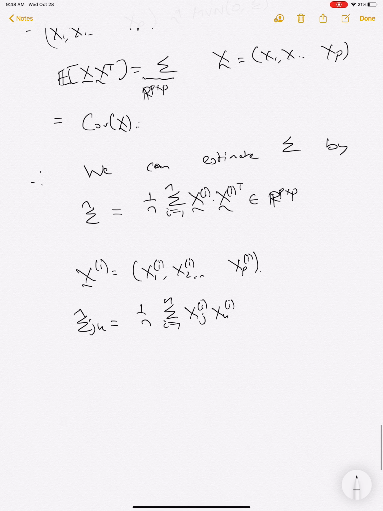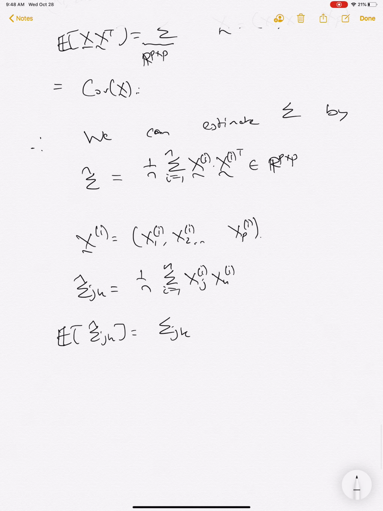And then we clearly have that the expectation of sigma hat jk is equal to sigma jk, because expectation is a linear operator, so you can clearly see that that's true.